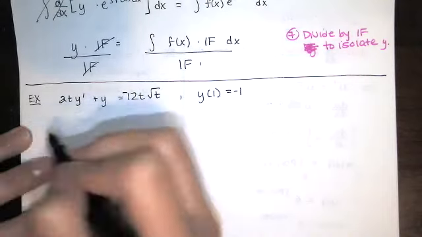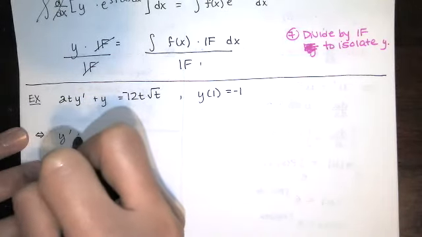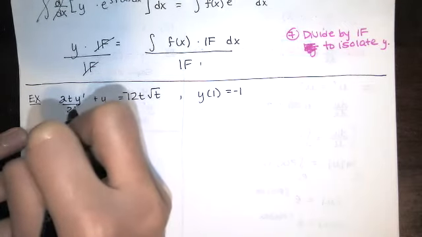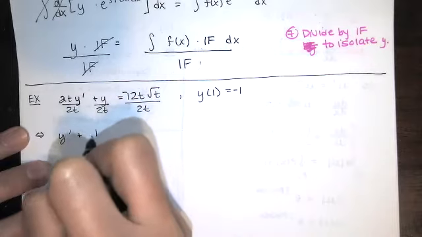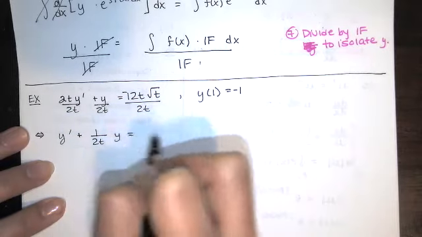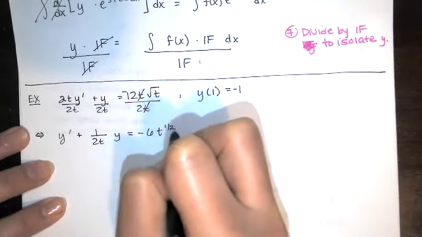So this is linear. First thing to do is to write it in standard form. So let's divide everything by 2t. And here, the t's reduce. I'll call that t to the 1/2.